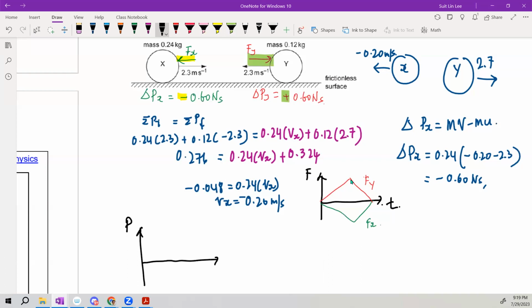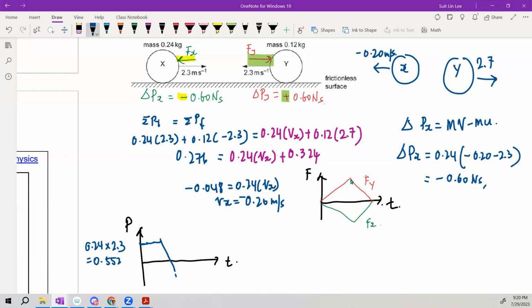Momentum against time. Okay, so the initial momentum of x is 0.24 times 2.3. Let me quickly calculate this for you. This one would be 0.552 positive. And then it collides, then it drops. If I really cared about the shape of the graph to follow that triangle, then the gradient should look like this. It's kind of weird, so I'm not going to bother.